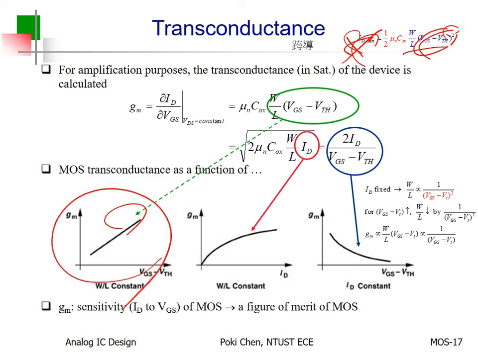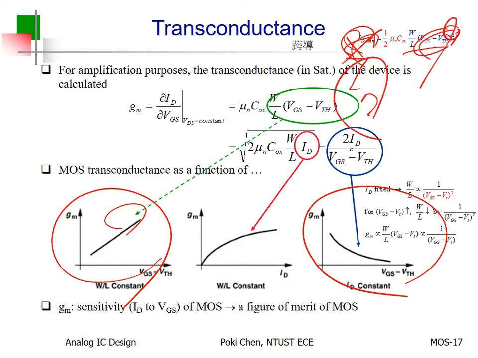So that is for the first condition. And how about the last condition? ID is fixed. Never mind how you increase it, ID is fixed. So if you increase overdrive voltage but ID is fixed, what can you do? You need to reduce W over L. That's it.